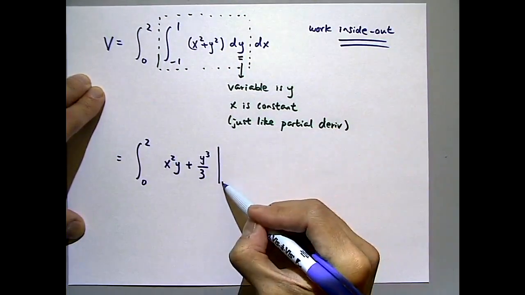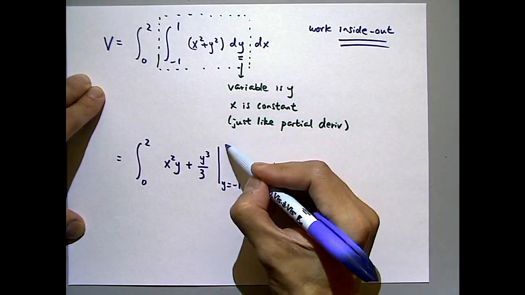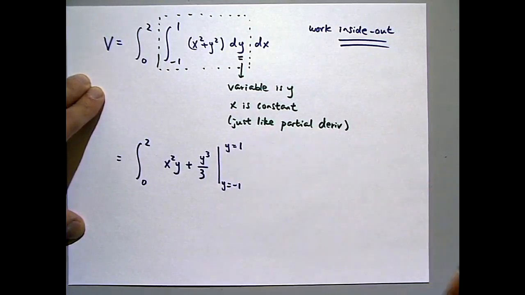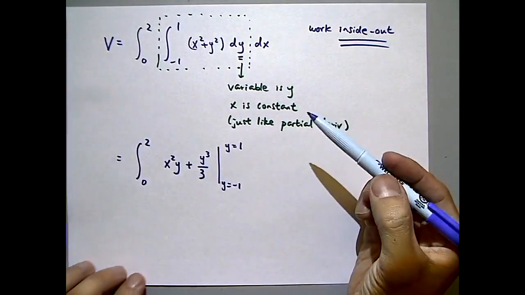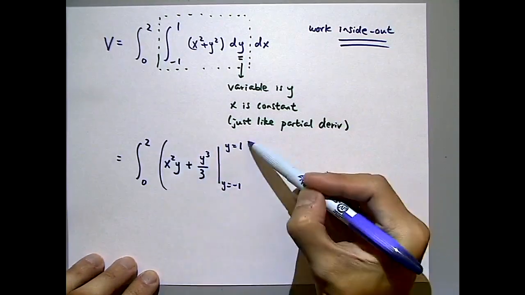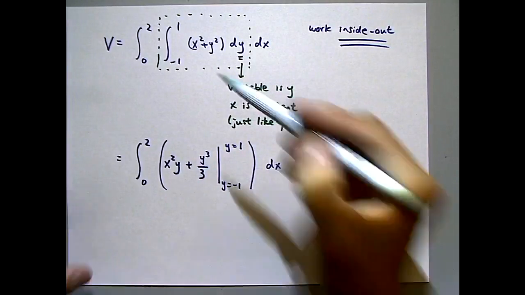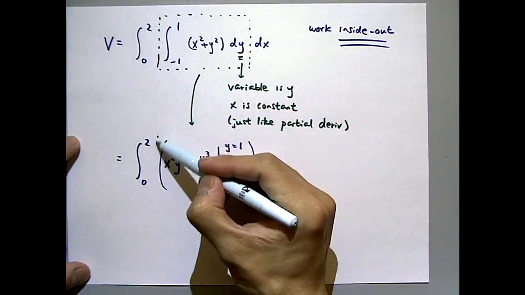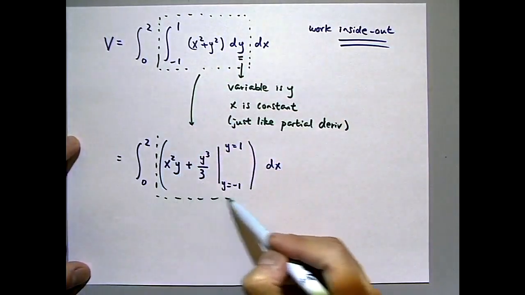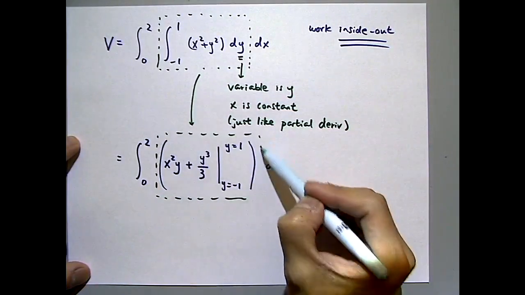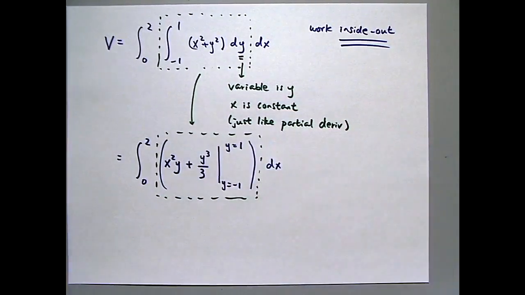And this is evaluated from y equals -1 to y equals 1. So that green box becomes this green box right here. Does that make sense? Yes? Okay, we keep going.